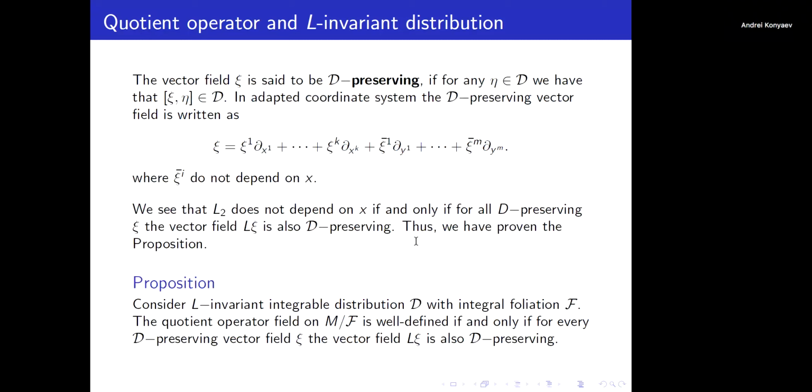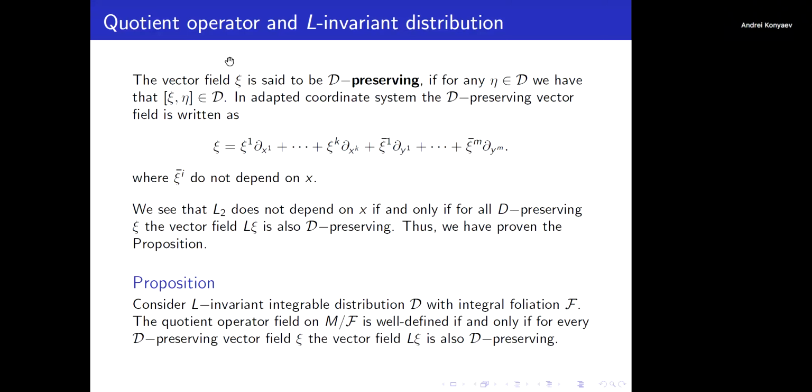It goes like this. Take any vector field psi. It is said to be D-preserving if it preserves the distribution in the following sense: you take any vector field eta in D, and then you commute, like in usual vector field commutation, psi and eta, and it still lies in D. It's rather simple.